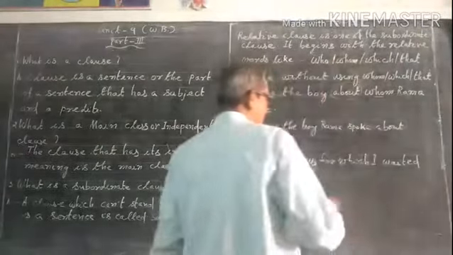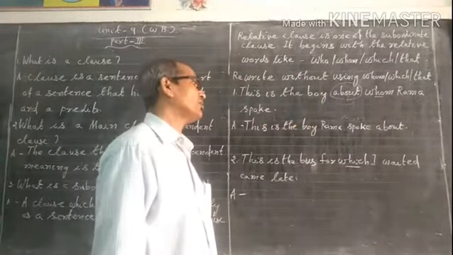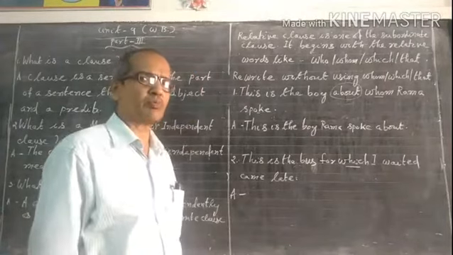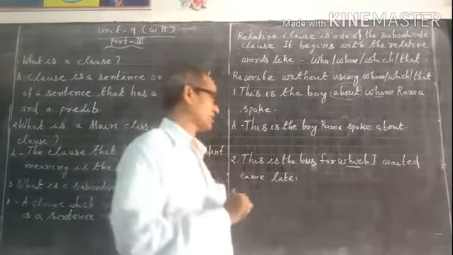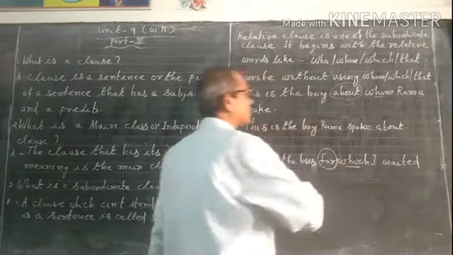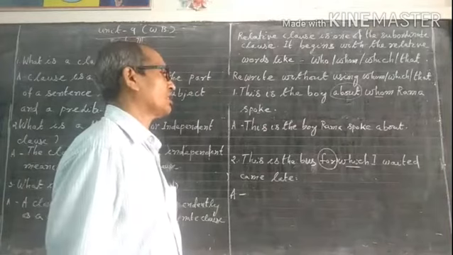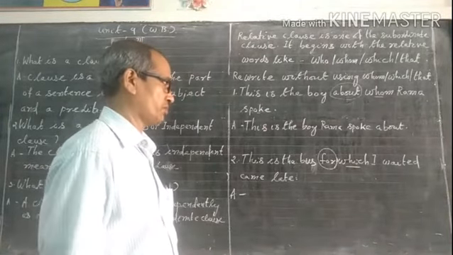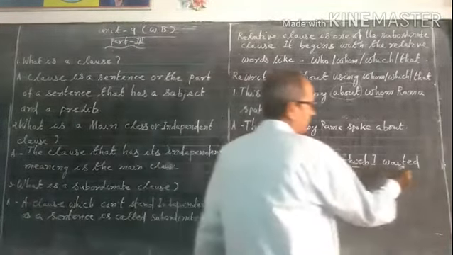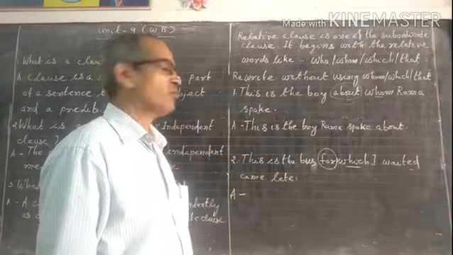Here also we have to drop the relative word which, and then we have to find out which one is the preposition in this sentence. So for is the preposition in this sentence. Now we have to find out the verb. I waited. This is the verb.